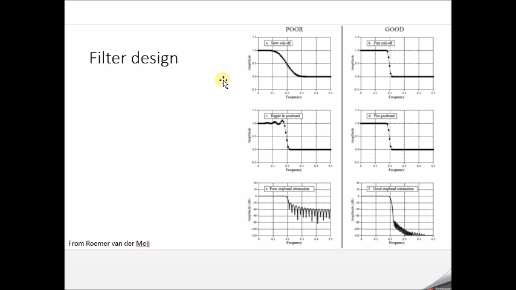When designing our filters, there'll be a few properties of the frequency response that we'll be particularly interested in, and there are some bad examples on the left and good examples on the right. So one aspect of a filter is that transition width that we were talking about on the last slide. In this case of a low pass filter, what is the transition between the pass band and the stop band?